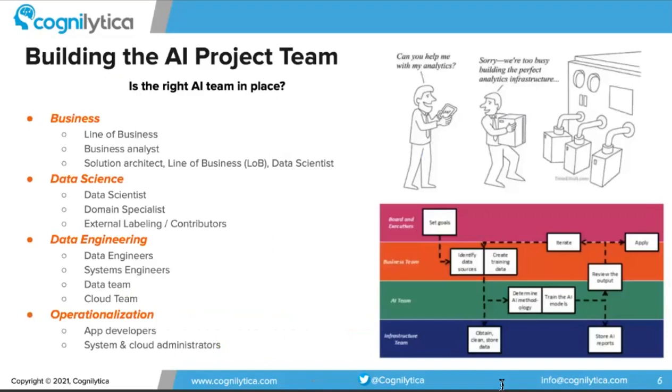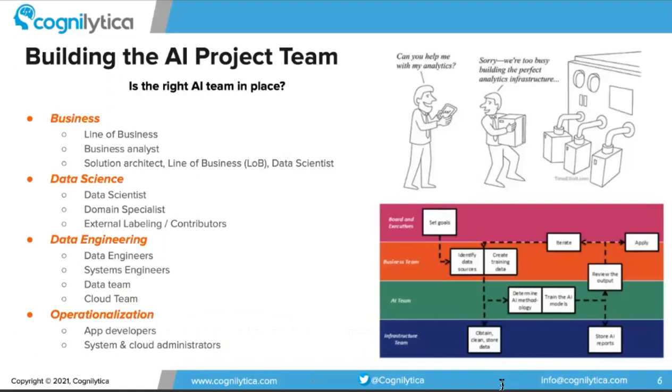Another thing that's really important is making sure that the correct team is in place and that the correct roles are being utilized for the project as well. So we always ask the question, is the right AI team in place? There's a few different areas that you can focus on. So the business side, do you want to have line of business available?